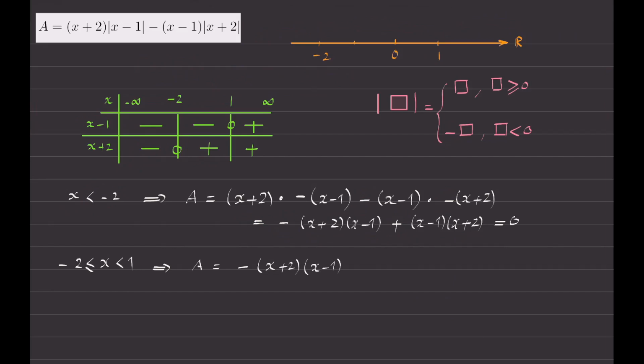Okay, what can I do with the next one? The next one is positive, so it means that I can simply remove the absolute value and replace it by a pair of brackets. So it becomes x minus 1 times x plus 2. But this time you see that this expression and this expression are identical and both of them are negative.